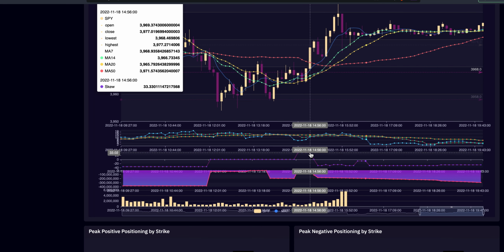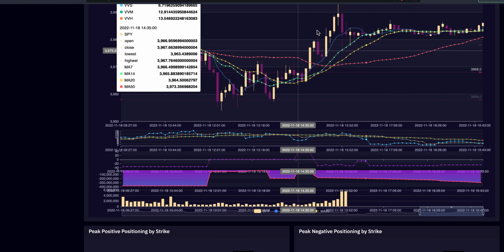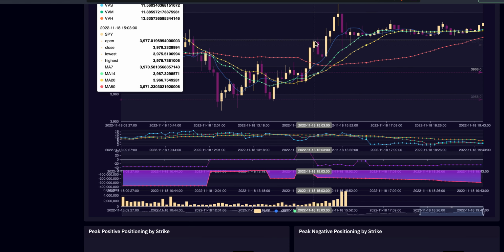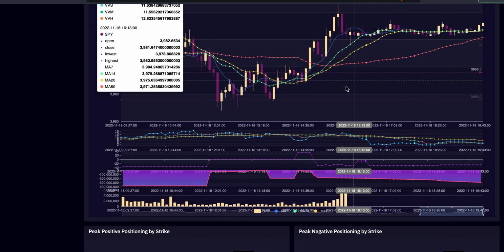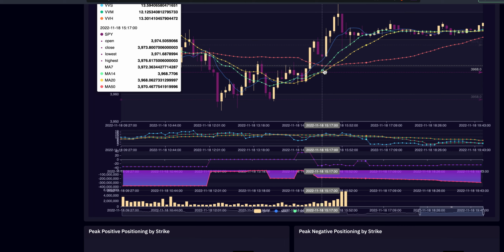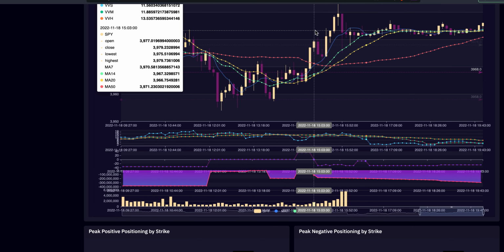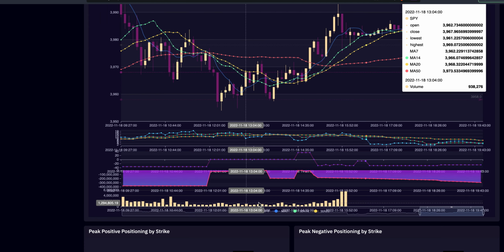It went to another peak at this particular point, and that's when this trend of pushing up capped our range. It also lined up nicely with another peak positive level, and then we started to draw down again. So that's how you use the two together.